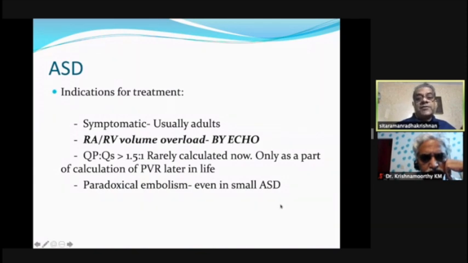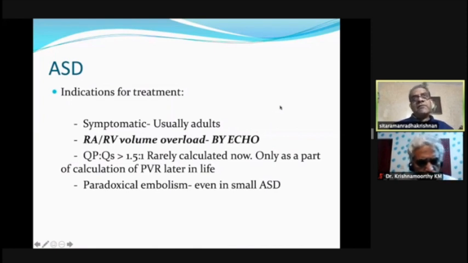So it is very interesting if you go into their history. Many of them reach the pediatrician because of cough, the so-called respiratory tract infection. Somebody notices a murmur, it is diagnosed in school. So, various ways that these atrial septal defects are diagnosed during pediatric age group.